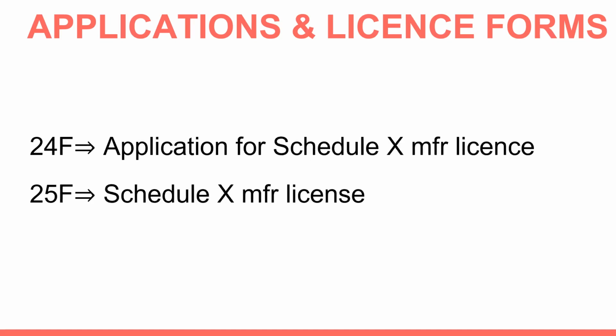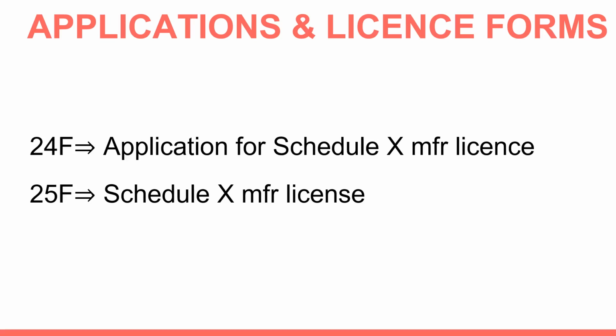Let's see another similar pattern. 24F is the application to manufacture Schedule X drugs, while 25F is the license issue form to manufacture Schedule X drugs. We have seen that the letter F is related to Schedule X. You remember it by the word facts.